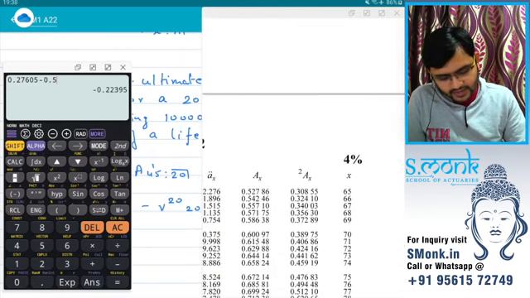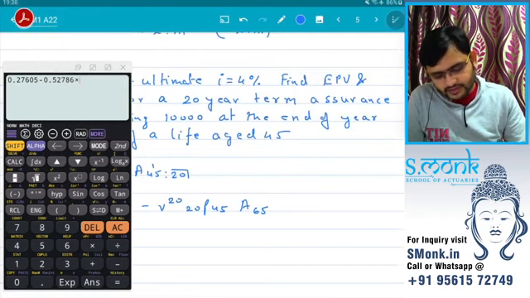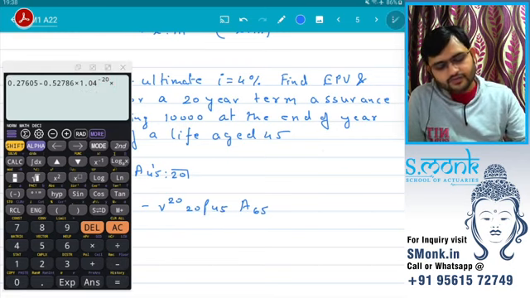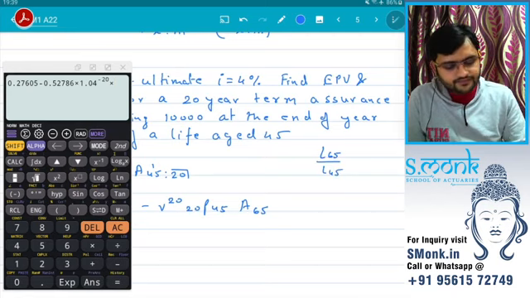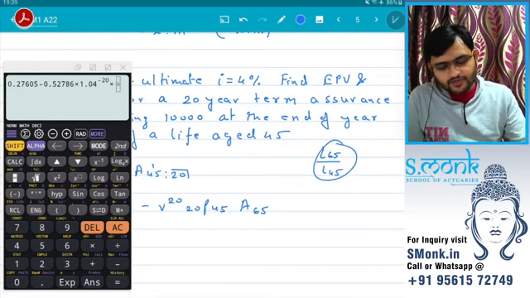A65 is 0.52786, multiplied by v raised to 20, 1.04 raised to minus 20, and then multiplied by 20p45. We know 20p45 must be l x plus n, x plus n becomes 65, upon l 45. So l 65 upon l 45.